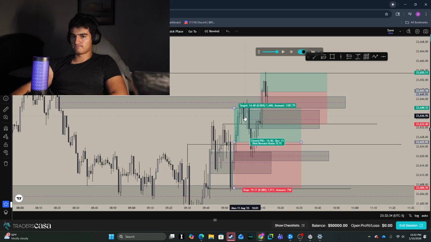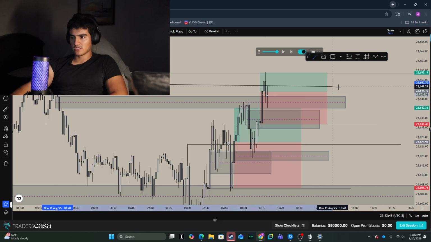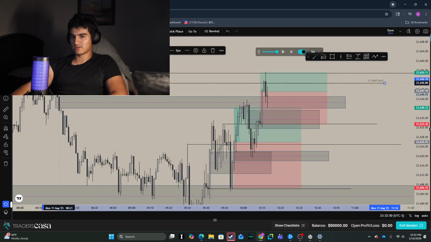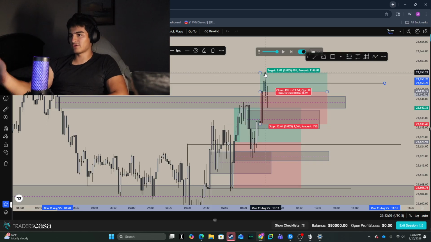But this is a really nice setup for a long, because you got your support, you inverse this gap, so there's absolutely nothing that could stop this trade from going higher. Well, yeah, you would have been break even on this trade, because your break even would have been right here. Enter here, it goes this high, goes this high. Well, it would have hit your TP if you had TP on the other high. But yeah, if not, then it hit your break-even point.